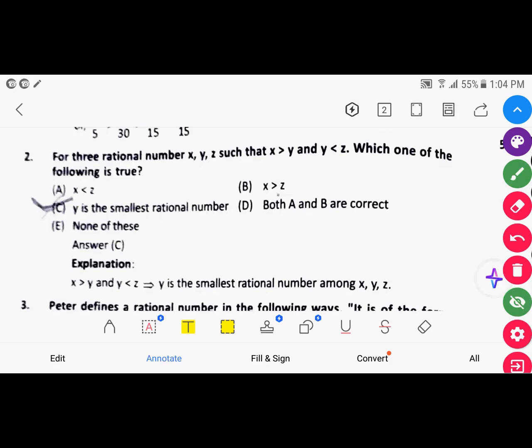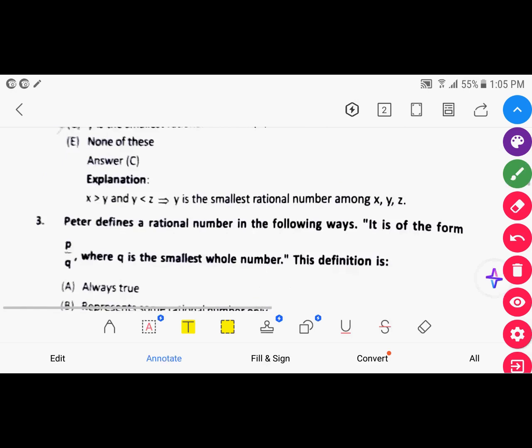Because see, if x is 8, y is 2, x is greater than y. Okay, but z is 4, still z is greater than y, but z is not greater than x. So the true statement here is that y is the smallest rational number only.